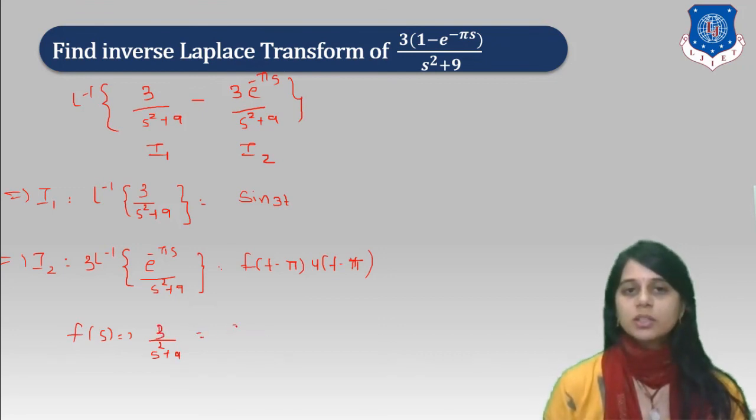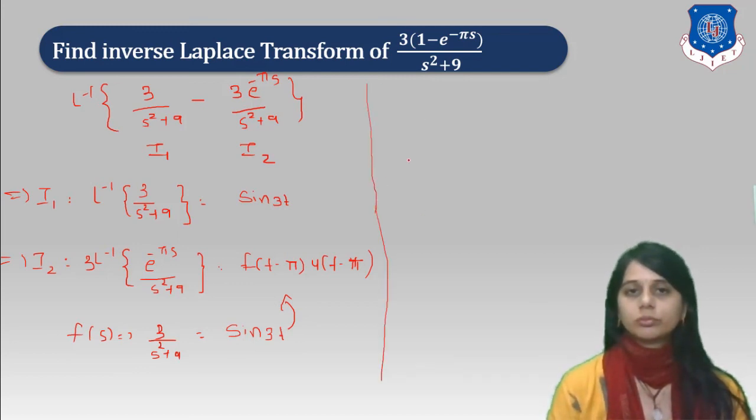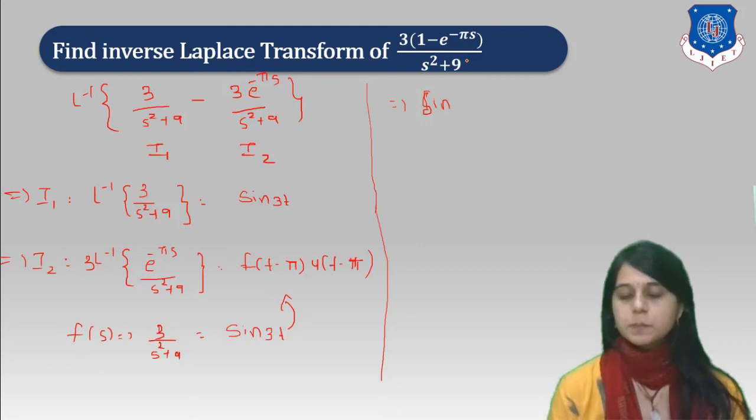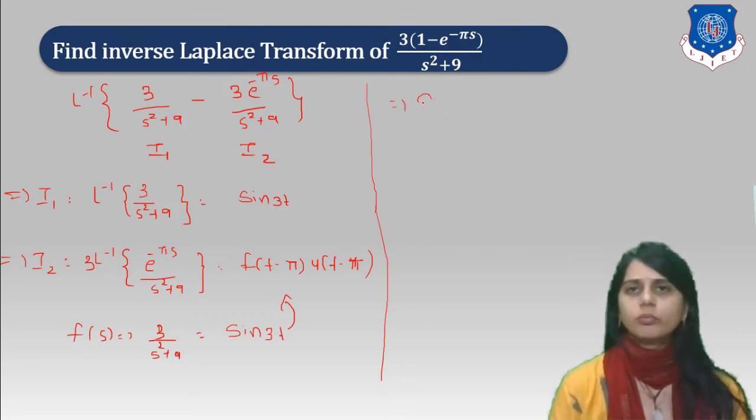So f of t is sin 3t. Now we put the value in the function. We get sin 3 (t minus pi) u of t minus pi.